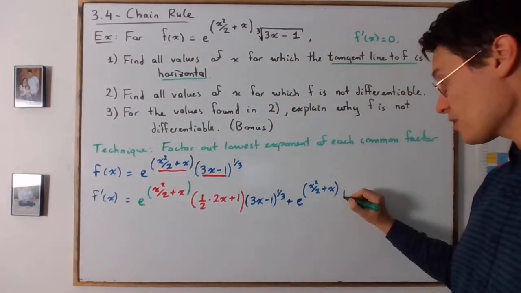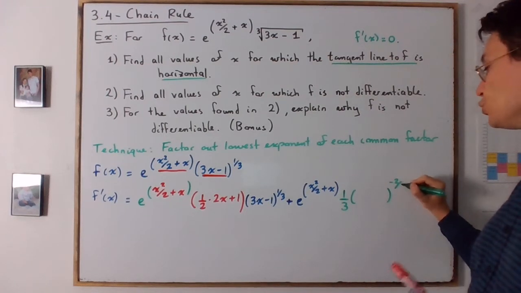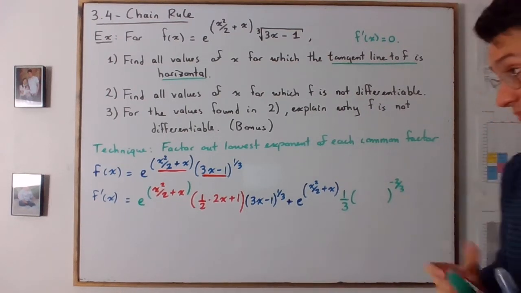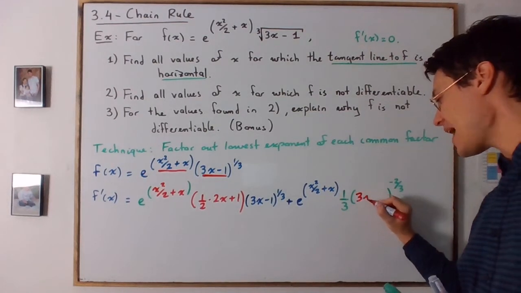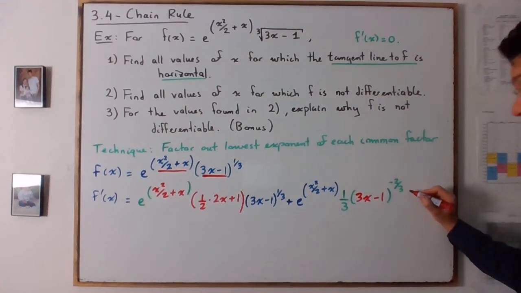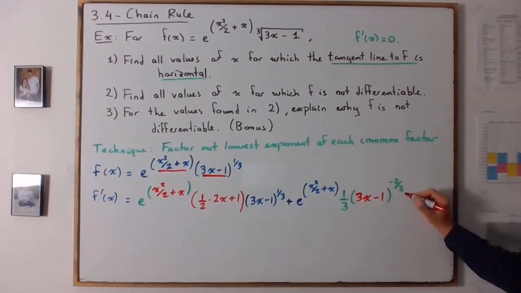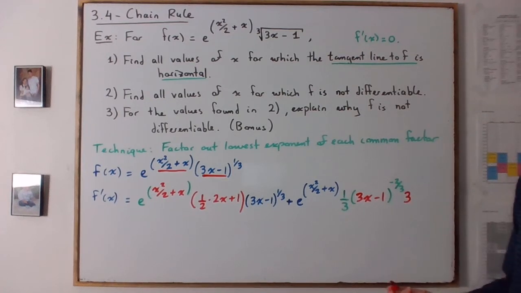You're going to have here 1/3 bracket to the negative 2/3. The inside is 3x minus 1. And finally, you multiply this by the derivative of 3x minus 1, which is just 3.